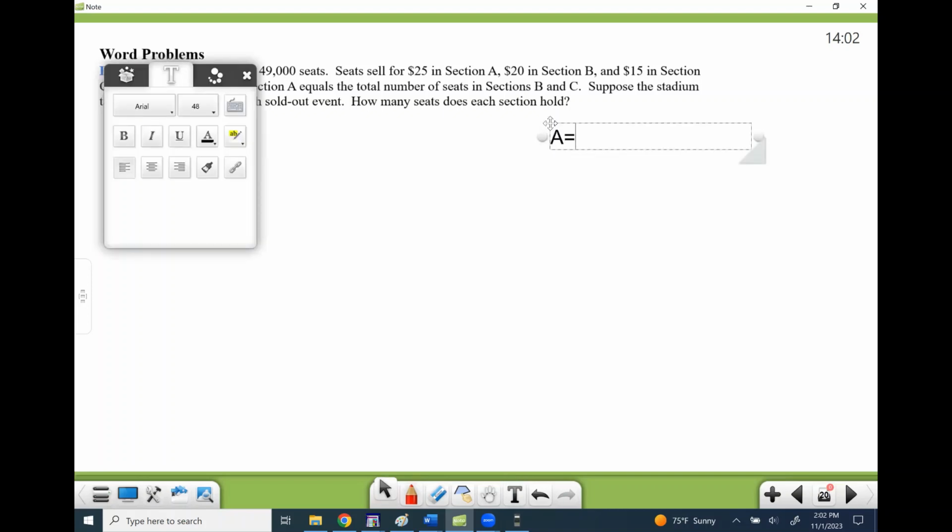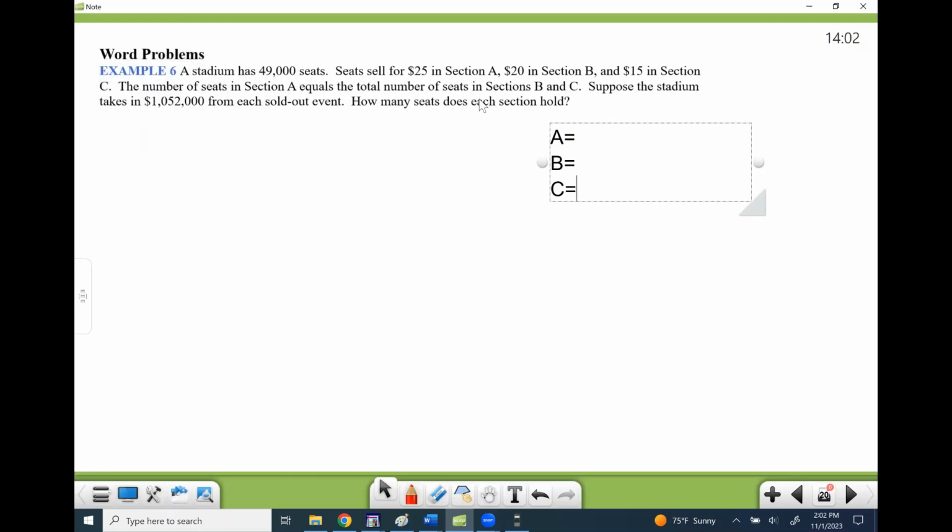Okay, so when you're looking for what you're going to define your variables as, you really want to go to the question sentence. That's going to help you decide, because we could put A, B, and C, and not really know what those mean, because there's multiple things that A, B, and C could stand for. A could be the amount of revenue taken in from section A, or A could be the number of seats. Okay, so we really want to make sure we have that down solid. So if you look at the question sentence, it says, how many seats does each section hold?